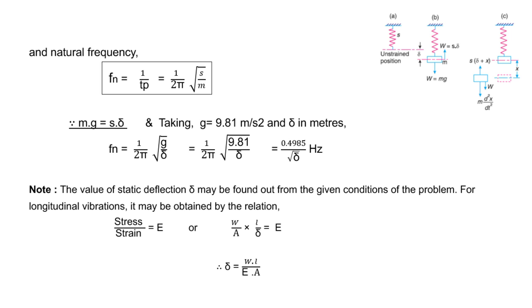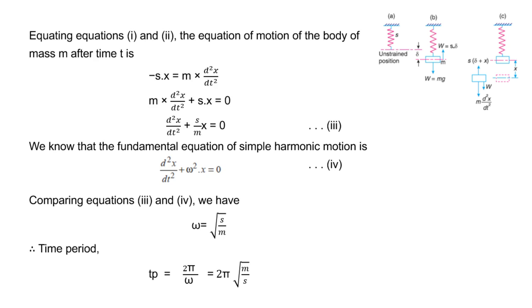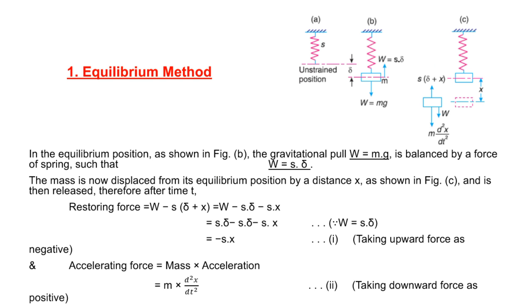This will be delta, the static deflection. In some problems you have to use this formula, delta is equal to WL by EA, to find out delta and put the value of delta in the frequency formula and find out natural frequency Fn by the formula 0.4985 divided by square root delta. This is the frequency of longitudinal vibration by equilibrium method.